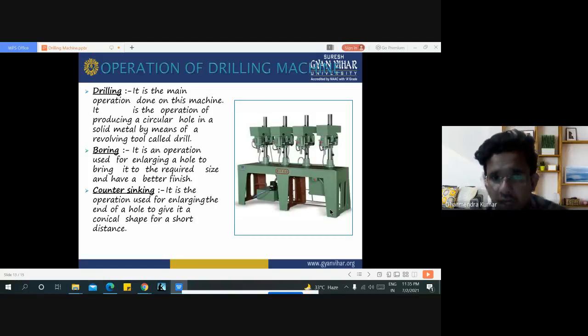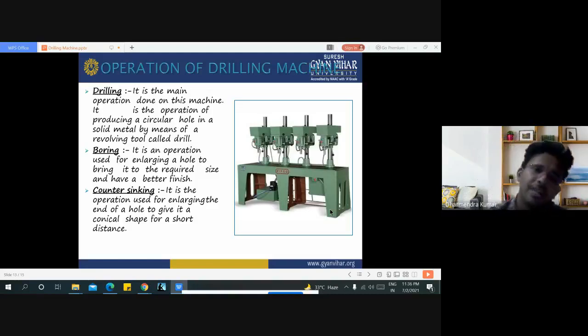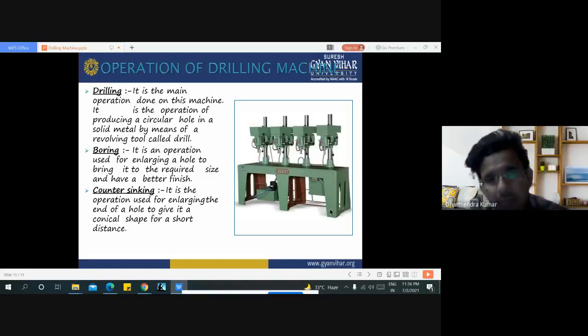It is the operation of producing a circular hole in solid metal by means of a revolving tool called a drill. Boring is an operation used after the drilling operation, and its main purpose is enlarging a hole which was made by drilling.